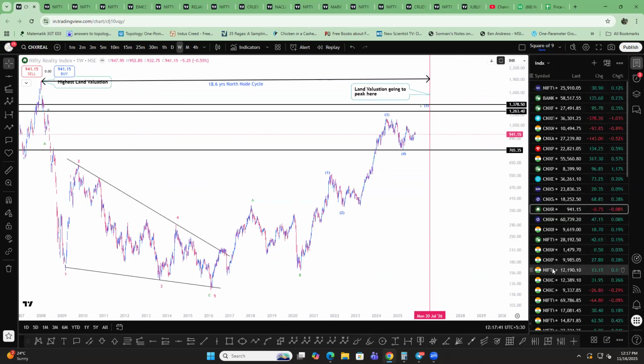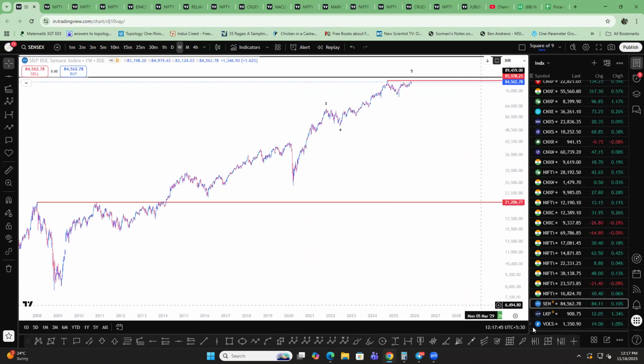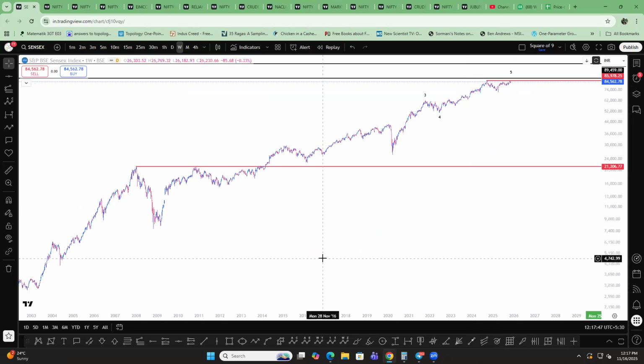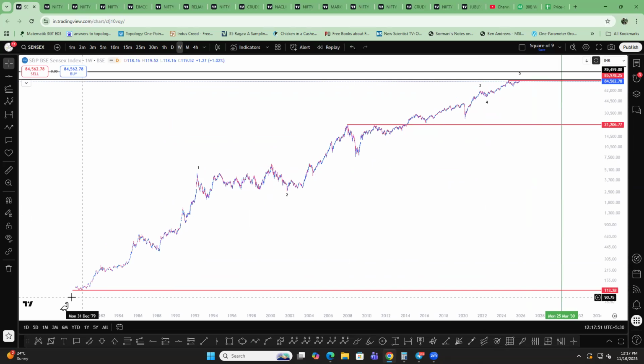And finally, let's look at Sensex. So here, see Sensex, this is wave 1, this is wave 2, and 1, 2, 3, 4, the COVID crash, and 5 completing wave 3, then wave 4, and wave 5 is in progress.